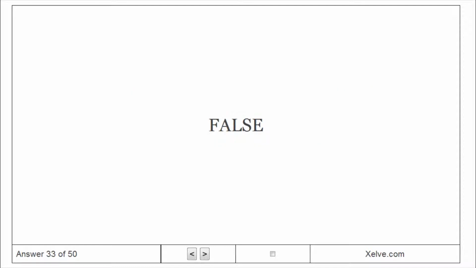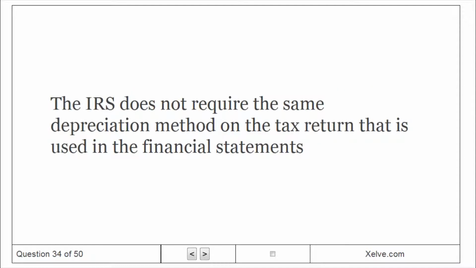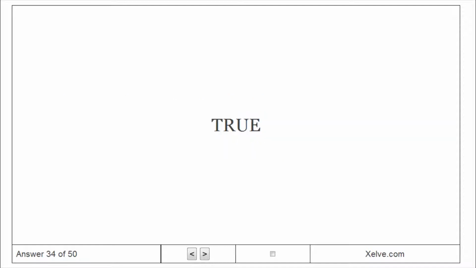False. The IRS does not require the same depreciation method on the tax return that is used in the financial statements. True.